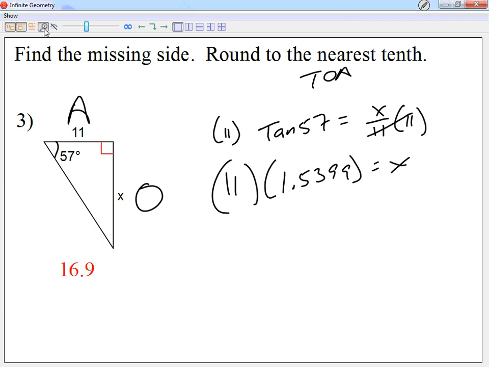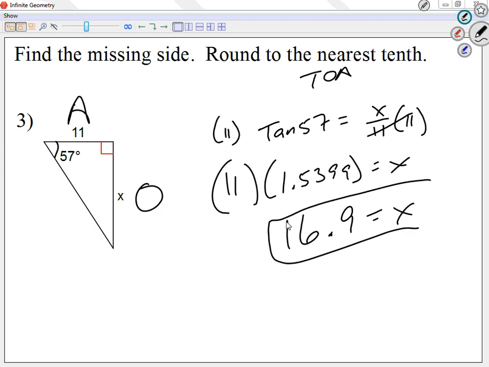When you round it to the nearest tenth, you should get 16.9. Notice I used tangent because you had opposite and adjacent. All right. Any questions?